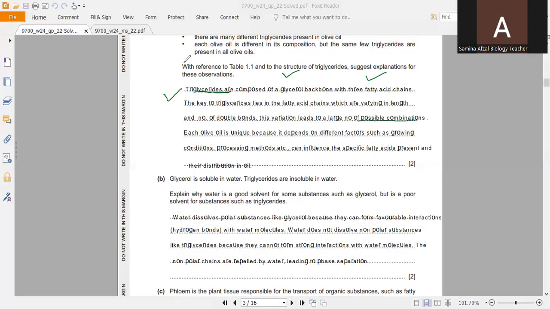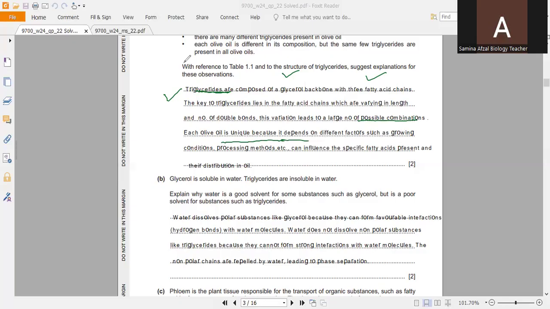Each olive oil is unique because it depends on different factors such as growing conditions and processing methods. The different types of olive oils, or different types of fatty acids, grow at different places, so they have different growing conditions and different processing methods.